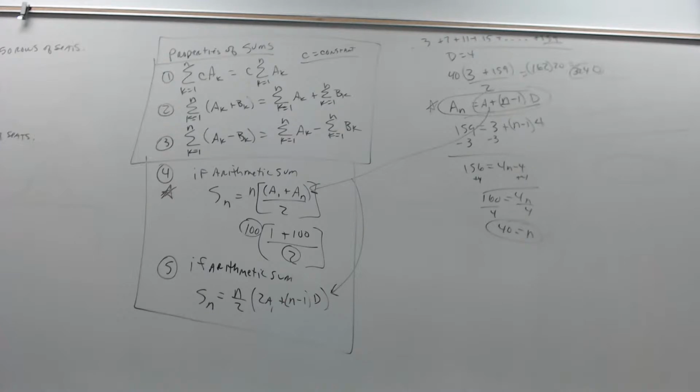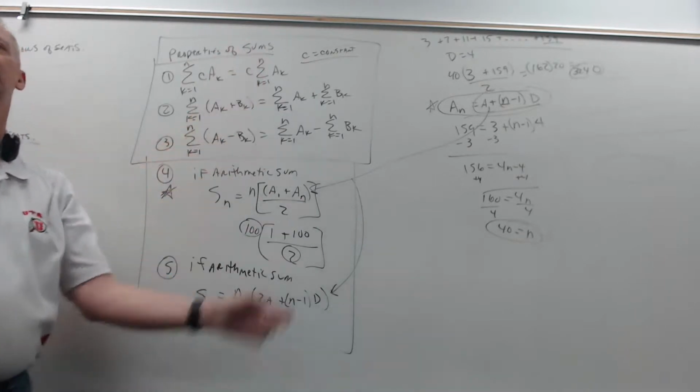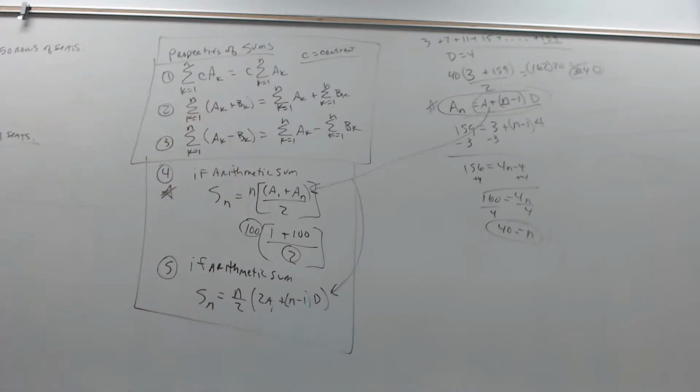So would you do 50 equals, because it has 50 rows. We want to know the total number of seats, so I'm going to be using a sum. Which of these rules would be helpful? So we want S sub 50, correct? Yeah. How many rows do I have? 50 divided by 2 times 2 times a sub 1.